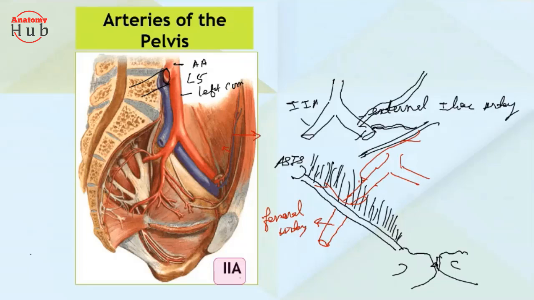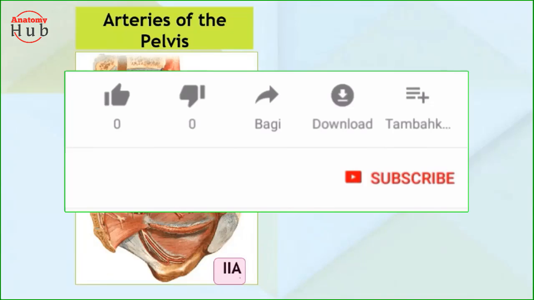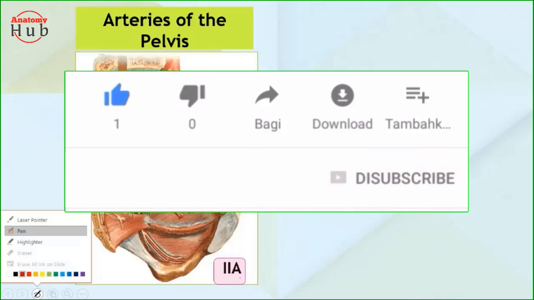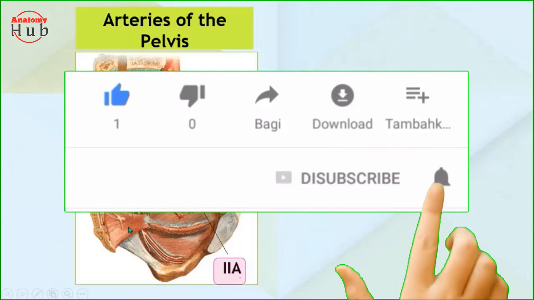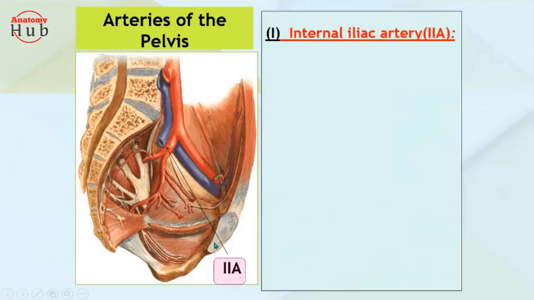So here, our main topic will be the internal iliac artery, right? So now we'll see the internal iliac artery. This is one of the two terminal branches of your common iliac artery, right?